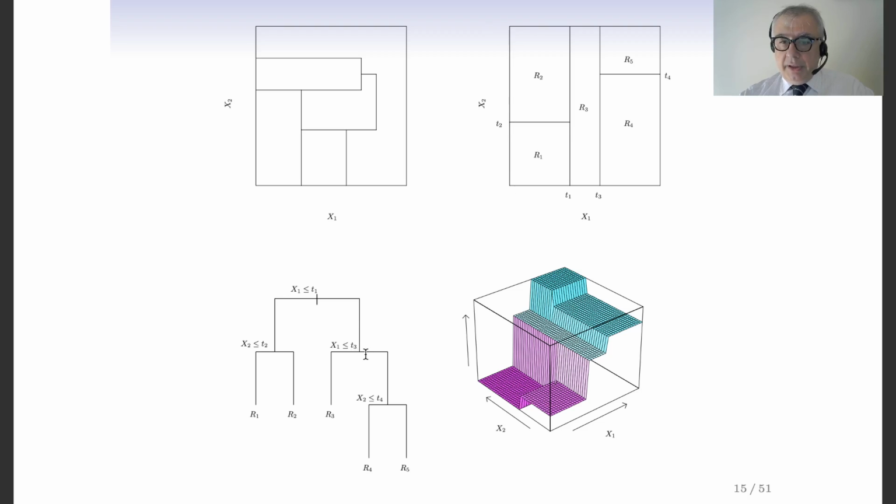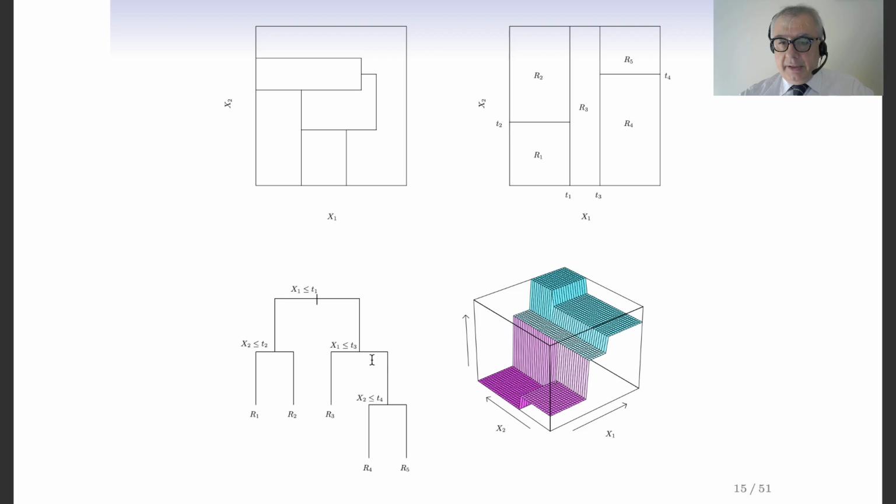Then we go on. A further split is made on x1 again, so it is done on the right branch. This right branch corresponds to this rectangle, all right? And it was found that the best split was with cut point t3 for the first variable x1. So this is t3. If this is the cut point, I have two further subregions, R3, and here there is another subregion on the right of t3.